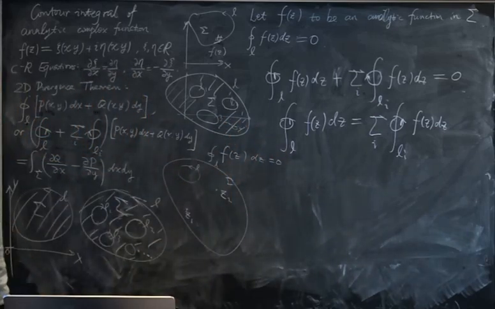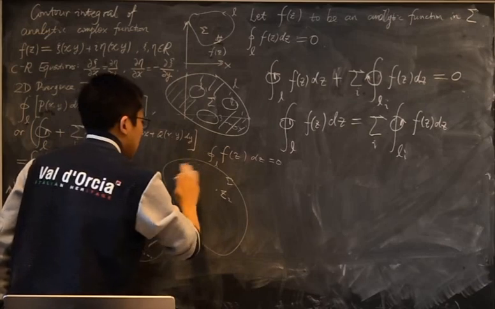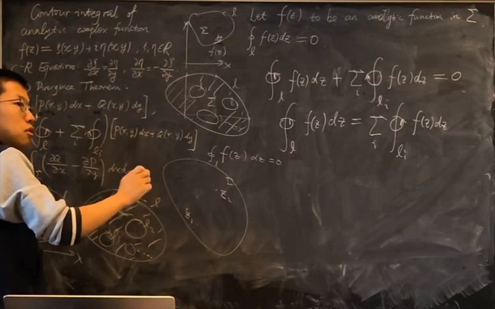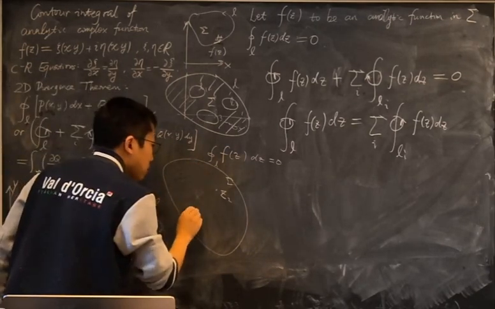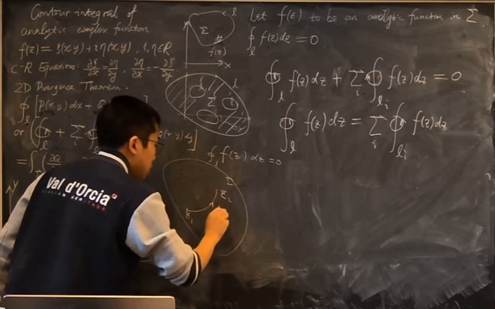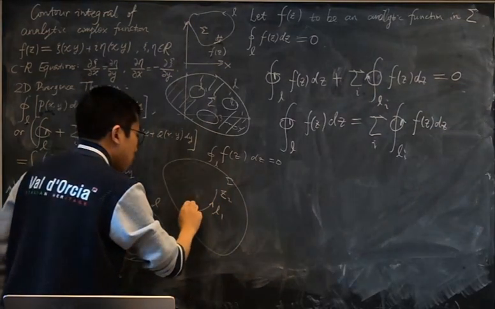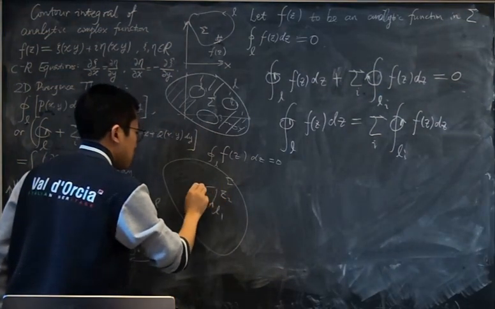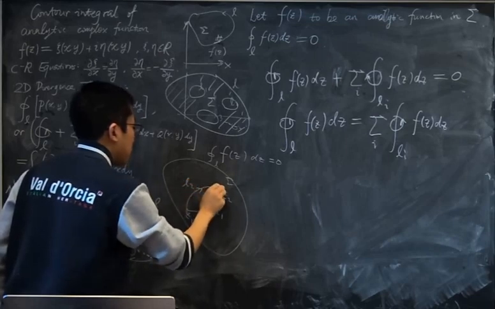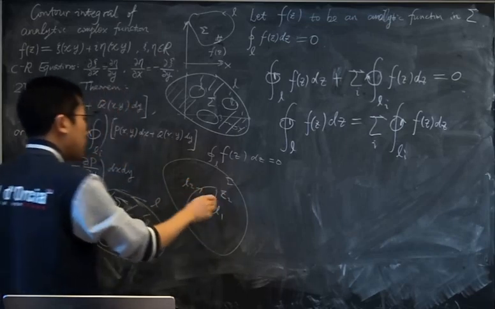So now let's picture two different routes from z1 to z2. This is L1. This route is L2. Okay, like this.